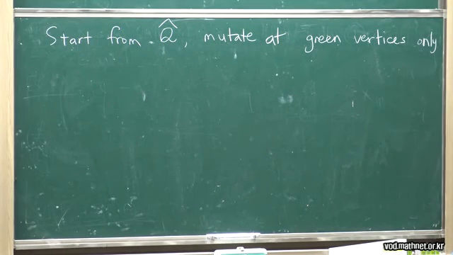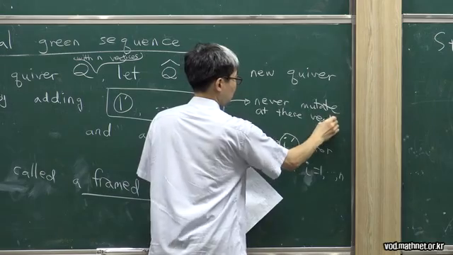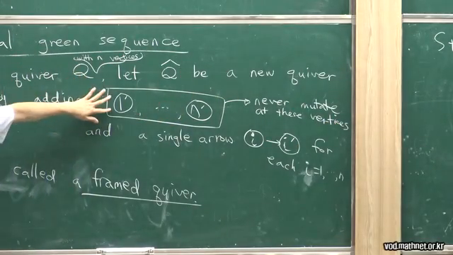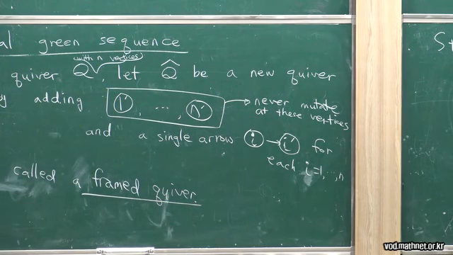I add these new vertices, but I never mutate at these things, because this is not really a part of the original quiver, it's just there for bookkeeping purposes.